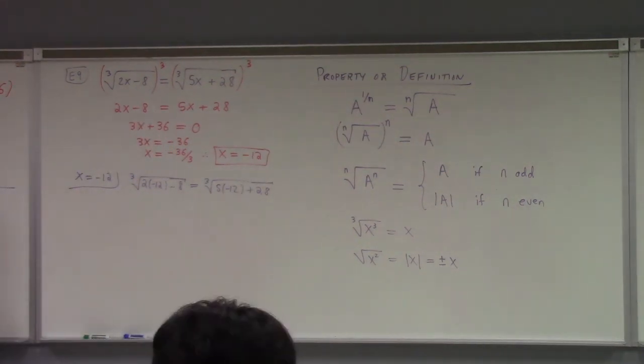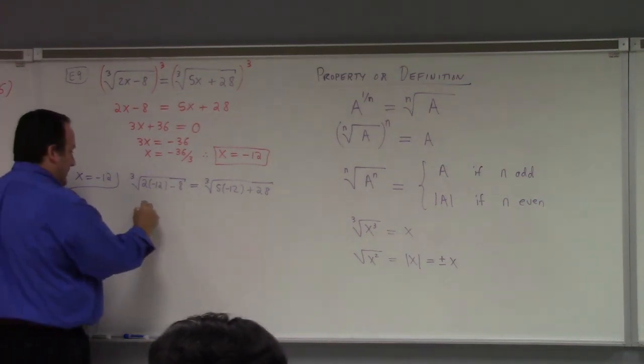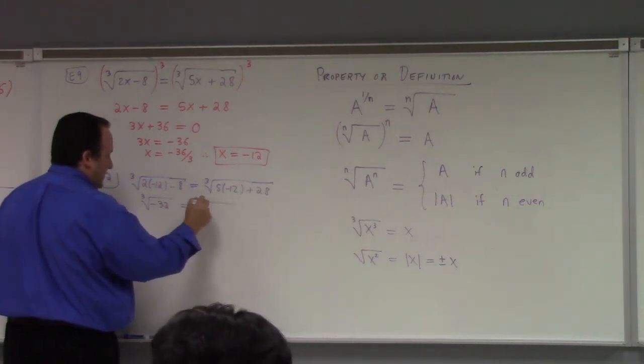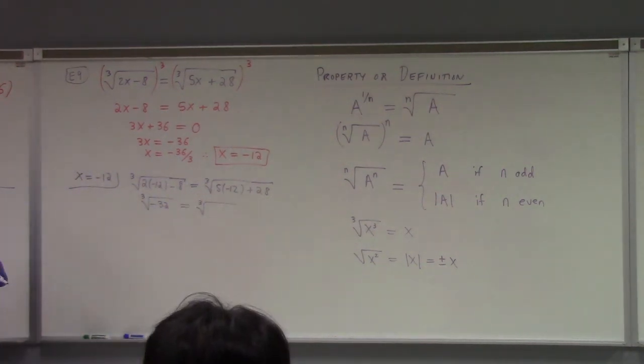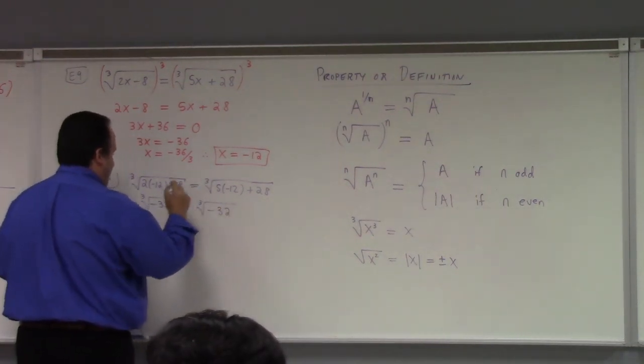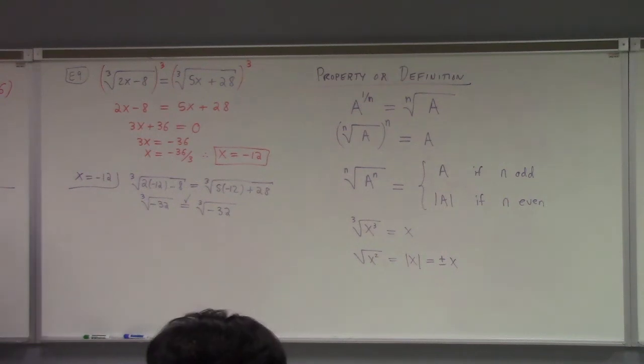Right? Which is the cube root of minus 32 equals the cube root of minus 60 plus 28, which is also minus 32. Now, you might be wondering, but is that a complex solution?